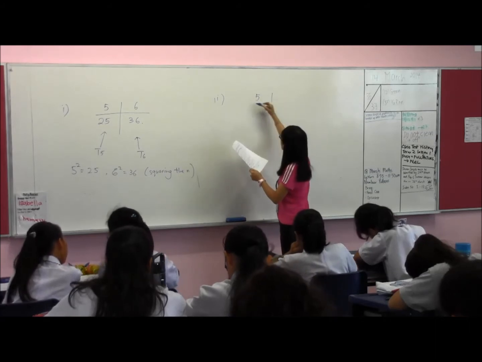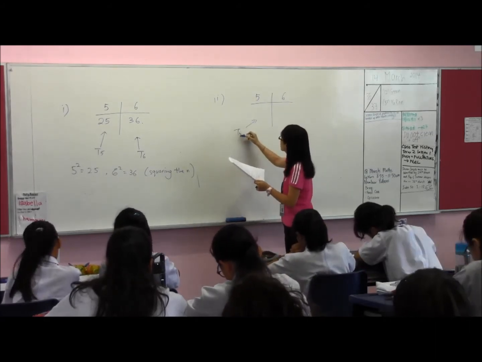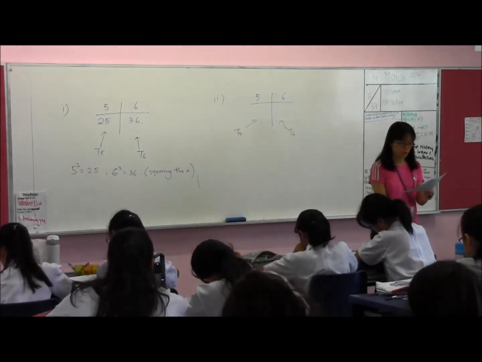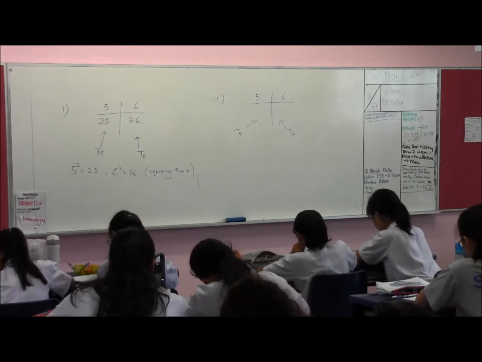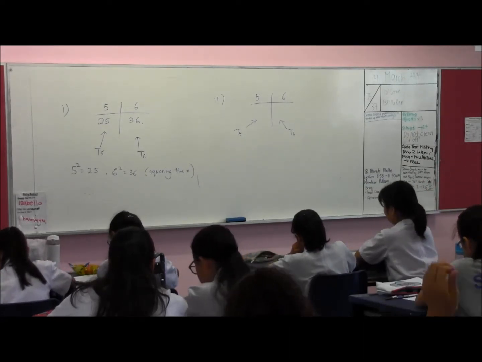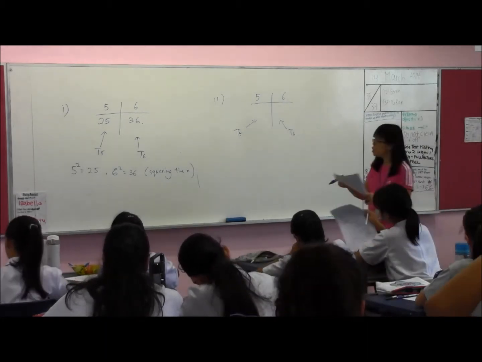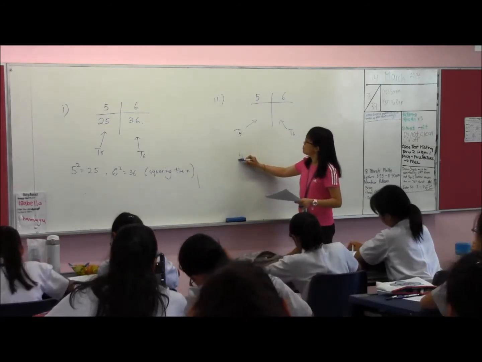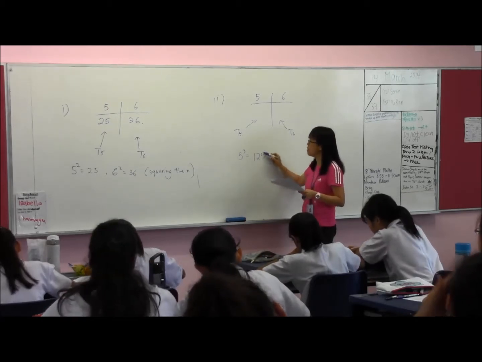Now find your T5 and your T6. What do you get for these two terms? Look at the pattern. When n is 1, T1 is 1. Yes, Kayla saw it. It's cube, right? So to get T5, you have to cube it, and that's how you get 125.